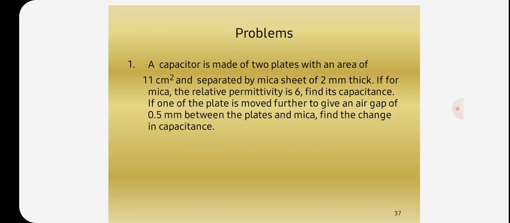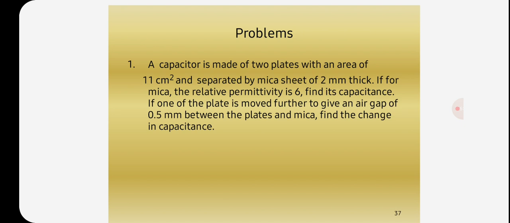Now we go for solving a few problems related to dielectric constant. A capacitor is made of two plates with an area of 11 centimeter square and separated by a mica sheet of 2 mm thickness.